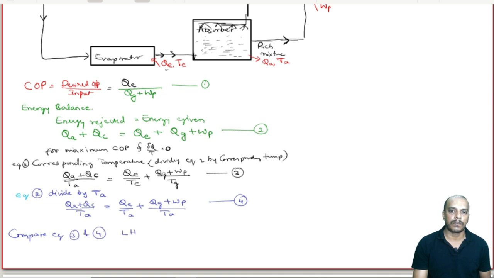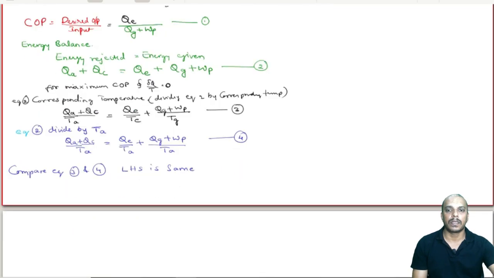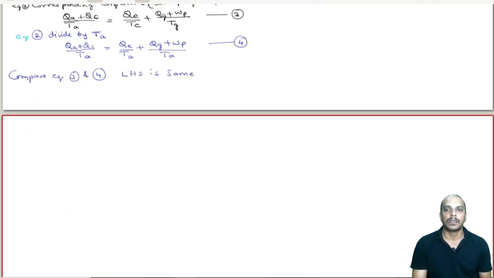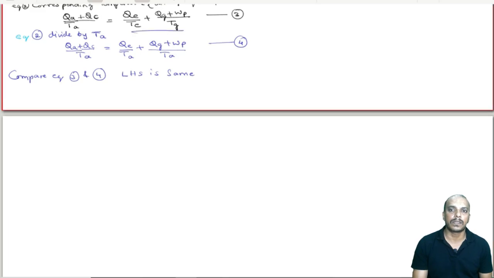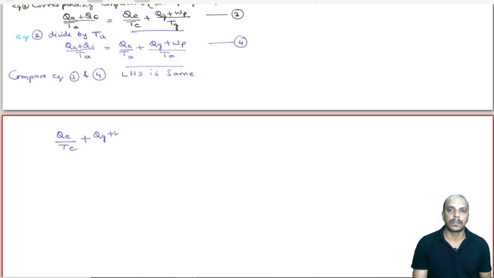The LHS is the same. So the RHS of this must be equal to the RHS of this. I mean to say QE by TE plus QG plus WP by TG must be equal to QE by TA plus QG plus WP by TA.